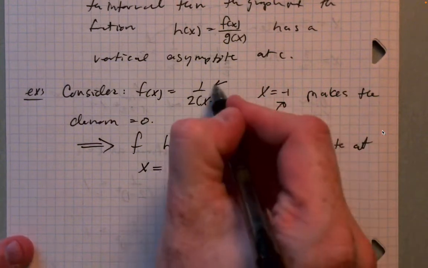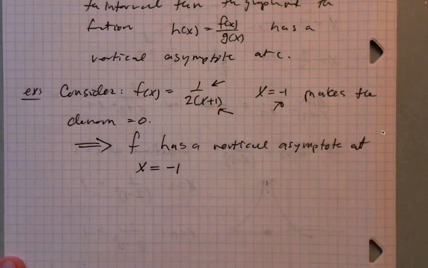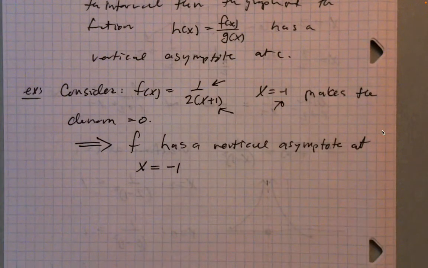The numerator is non-zero at x equals -1. The denominator is 0 at x equals -1. Everything around x equals -1 is well defined, no problem. It's just that one value, and so this is going to produce an asymptote. Okay.